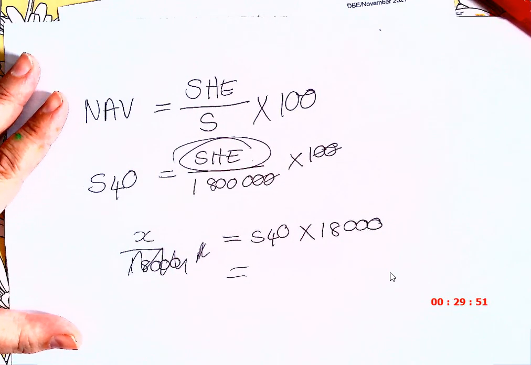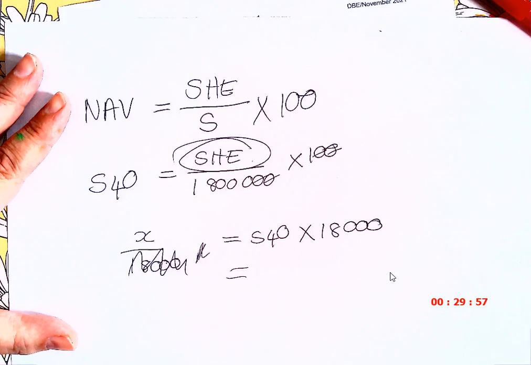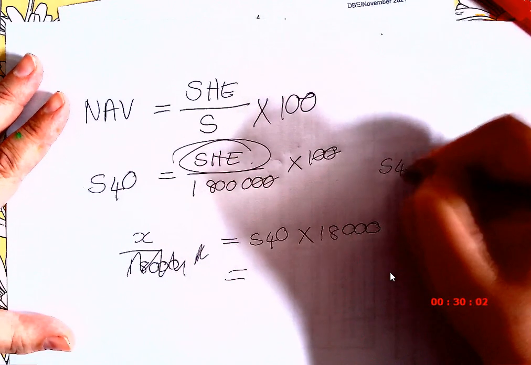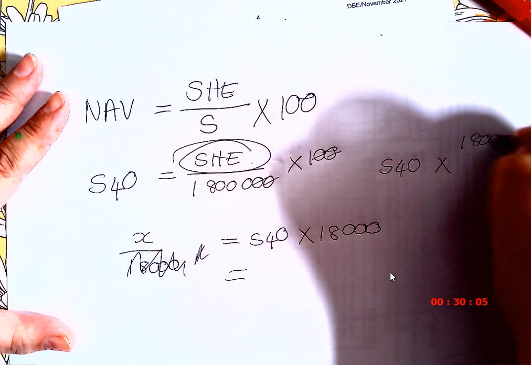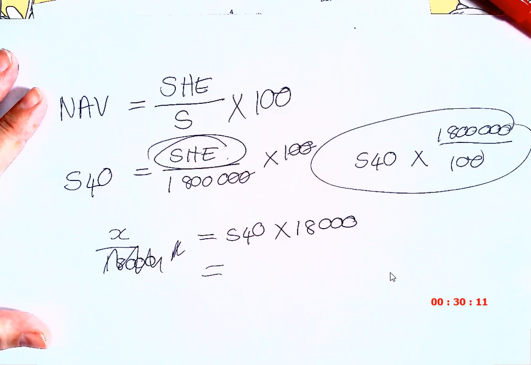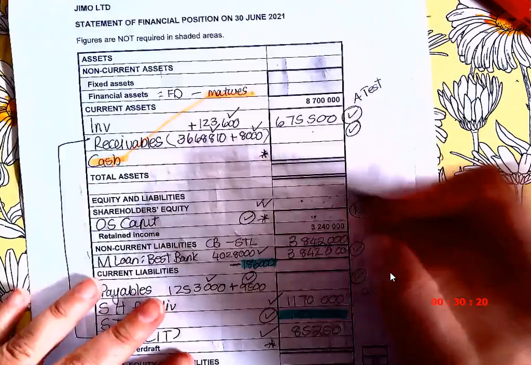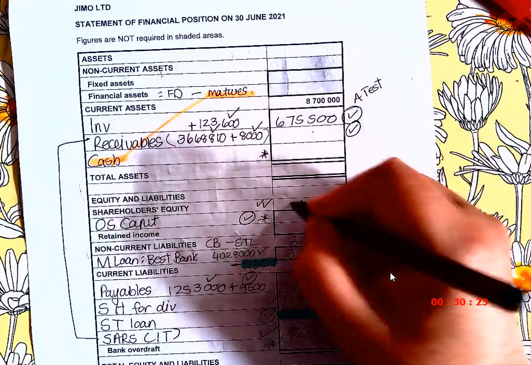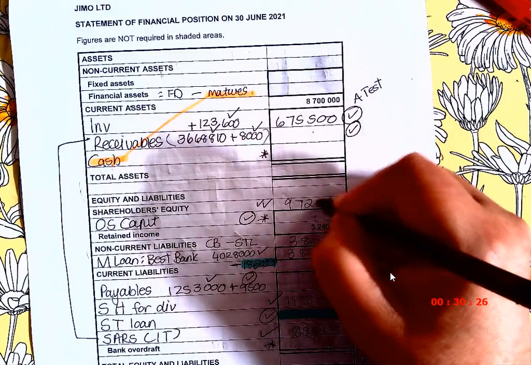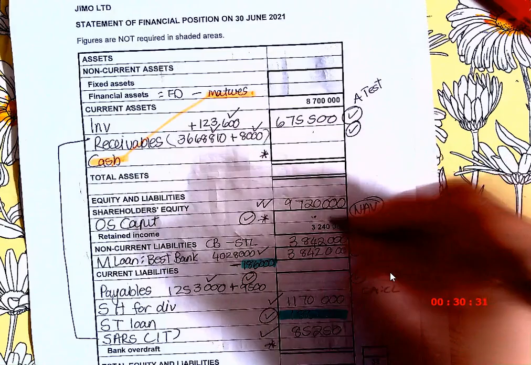For those who are more clever than me, you would have just said 540 times 1.8 over 100. Ne? For those of you who are better with maths than me. Okay. And so what do we get the owner's equity? 9,720. Okay. And then I say 9,720 less that gives me this one.